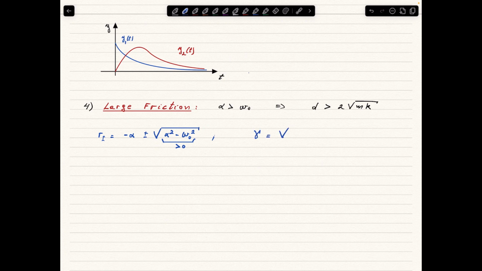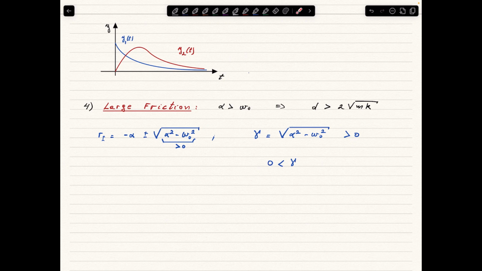Gamma is alpha, the square root of alpha square minus omega 0 square. It's just a number, and it is positive.